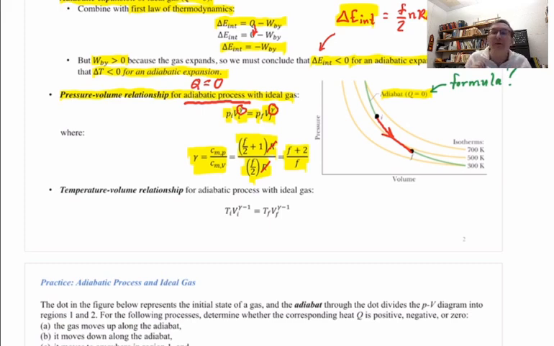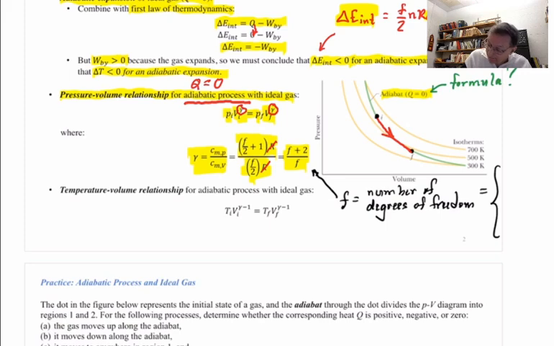Remember, F is the number of degrees of freedom that the molecules of gas have. So, for example, if you have a monatomic gas, like helium, then the only degrees of freedom are translating through space, and space is three-dimensional, so F equals 3.